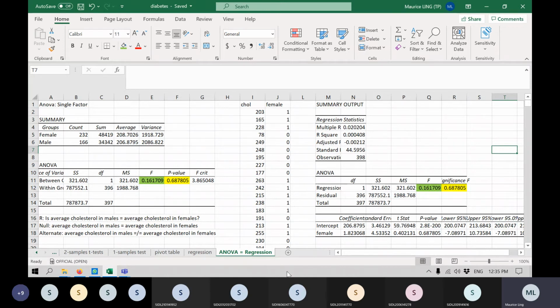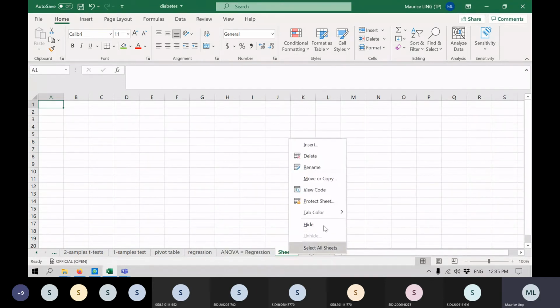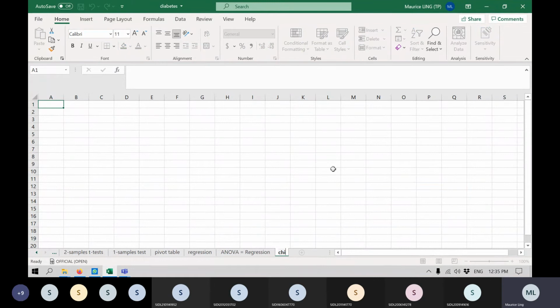Okay. So the last thing we want to do is this test known as the chi-square test.